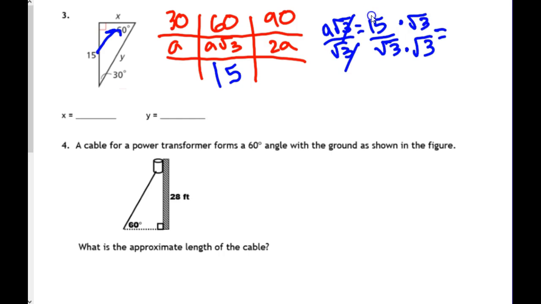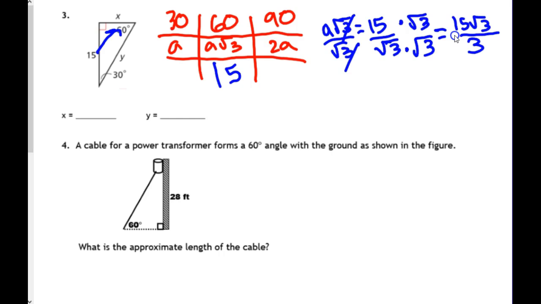So let's do the top: 15 times square root of 3. A number and a square root being multiplied go right next to each other and become the coefficient, so 15 square root of 3 goes on top. And on the bottom, what's square root of 3 times square root of 3? Regular 3.